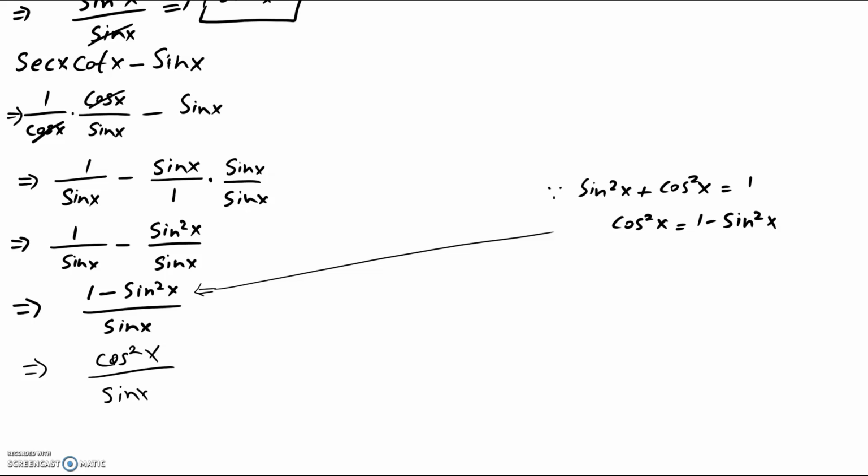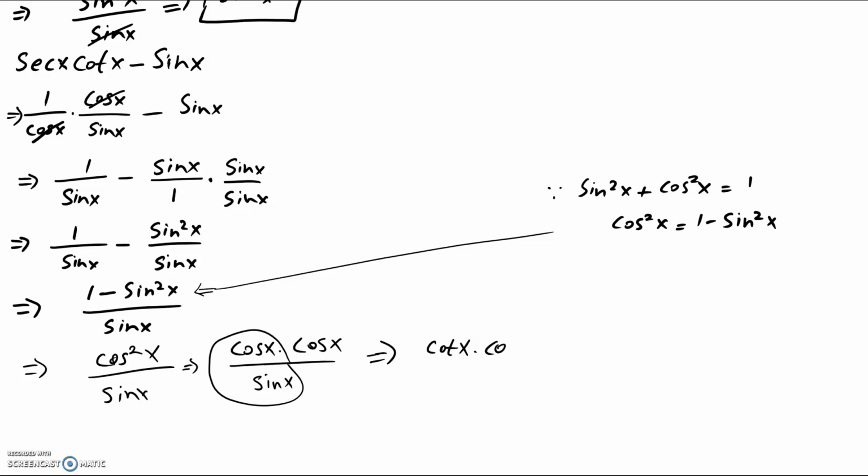This expression I'm just going to split into two parts, and it's going to be cos x times cos x over sin x. Now look, what is this cos x over sin x? cos x over sin x is cot x, and then just keep the cos x. Now this is our simplified form of the given expression.